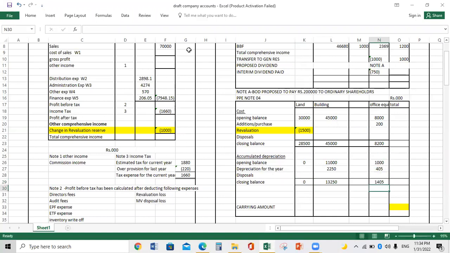Okay. So guys, now get the carrying value. Tally. Good job. Cost minus accumulated depreciation will give you the carrying value. Get the carrying values and get the total carrying value to the last column and take it to SOFP.